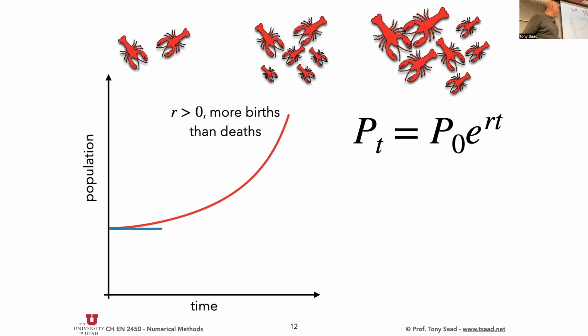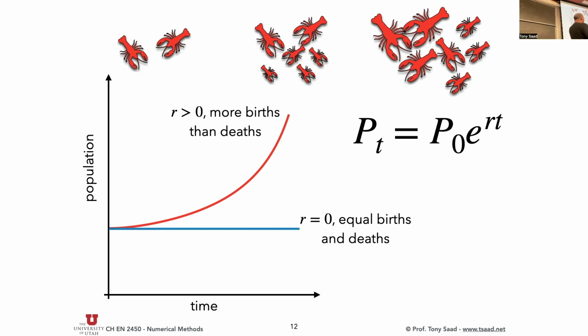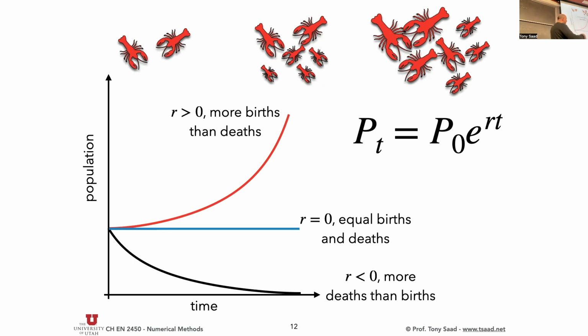If r equals 0, then there's equal birth and death, and that population stays stable at P0. If you had 30 lobsters in the tank, 10 were born and 10 died, so you still have whatever P0 lobsters in the tank. And if r is negative, then there's more death than birth, and the population is going to decay. Just from that single formula.